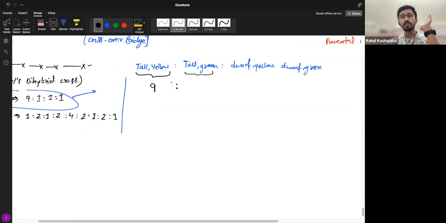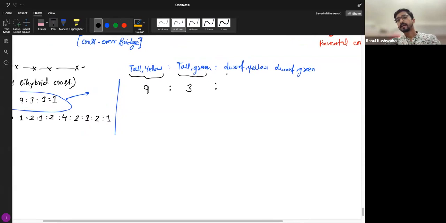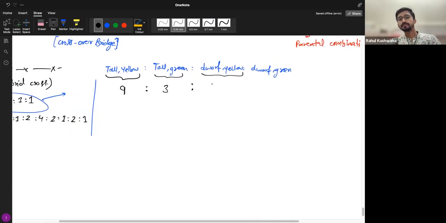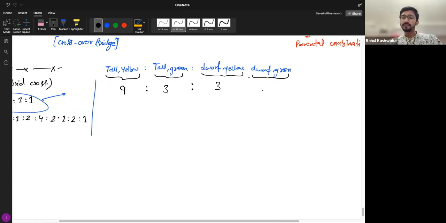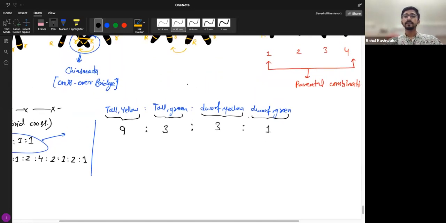Actually, we don't need to know that also. You'll figure out why. If you give wrong numbers, we will catch it. How many do you think will be dwarf and yellow? 3. And how many will be dwarf and green? 1, right? Yes.